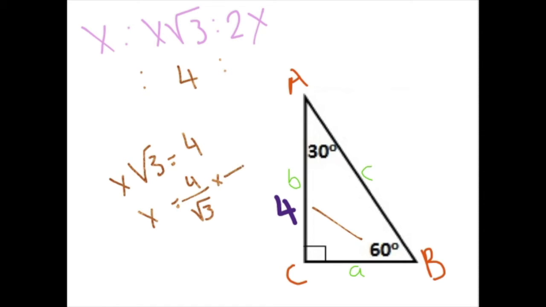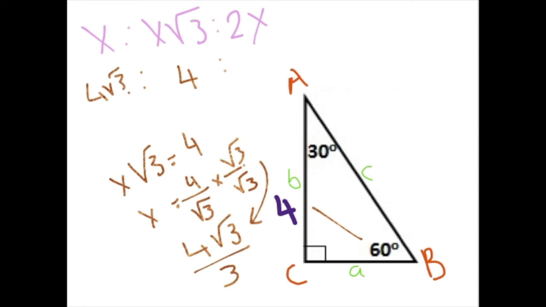So that's 4 over square root of 3 times square root of 3 over square root of 3. That gives us 4 square root of 3 over square root of 3 squared, which is 3. So x equals 4 square root of 3 over 3.